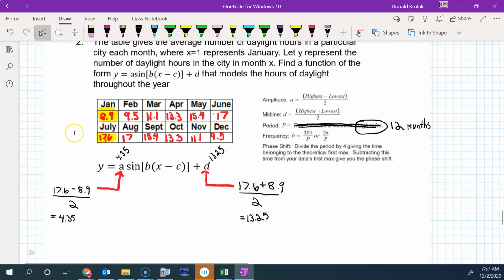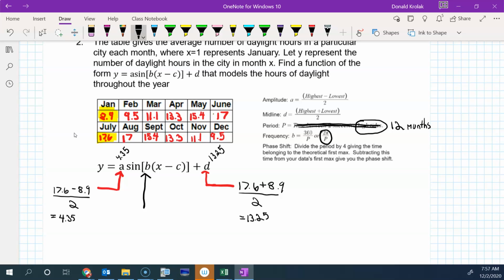All right, so now to get the frequency, okay, in this problem it's going to be in radians. If we're doing this when we test on this, I'll tell you this one's in radians, so use radians.